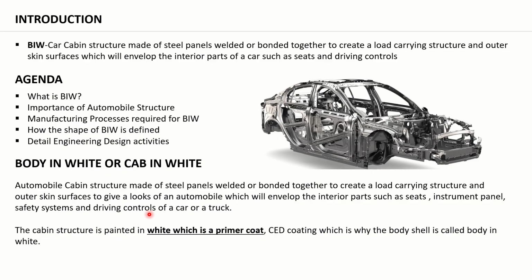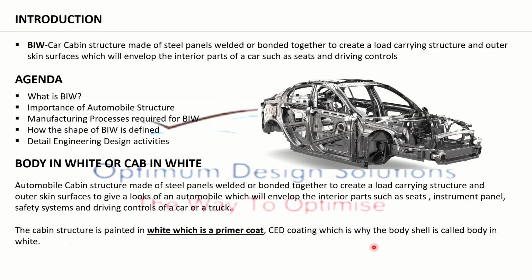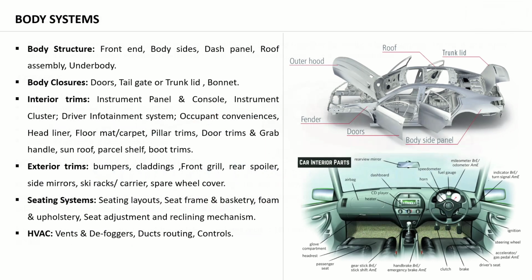Simply, this is a structure where all the exterior parts also get assembled. The cabin structure is painted in white, which is a primer, since this is a BIW, body in white. So we'll move to the next.